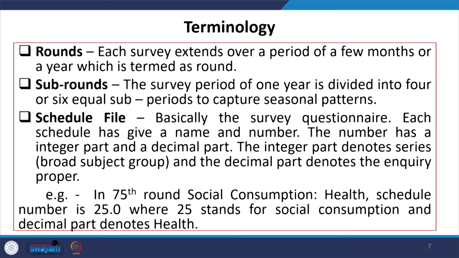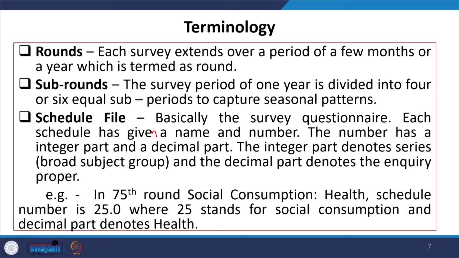Similarly, the schedule file is basically the survey questionnaire, and each schedule has been given a name and number. The number has an integer part and a decimal part. The integer part denotes the series and the decimal part denotes the inquiry proper.